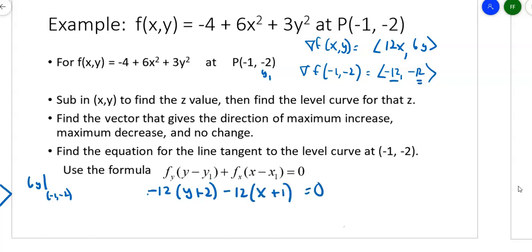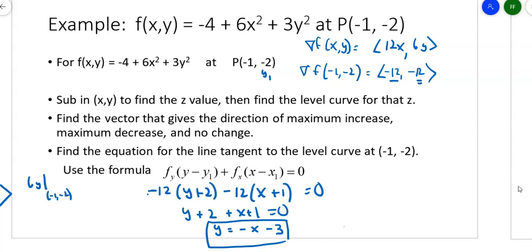All right, I can actually divide everything through by -12 so that I get y plus 2 plus x plus 1 is equal to 0. That gives me y equals, move the x over to the other side, and I get -x. Move the 3 to the other side, and I get -3. And that's the equation for the tangent to the level curve.